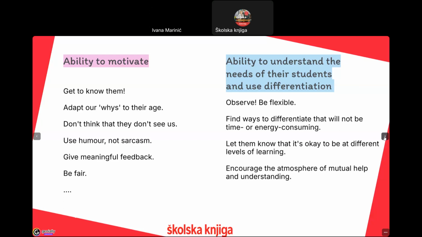In terms of needs of our students, it's very efficient to find ways to differentiate the topics without them being time or energy consuming. And a few pieces of advice are also in the book, so you can check it out if you have time. It's okay to be at different levels of learning a language.